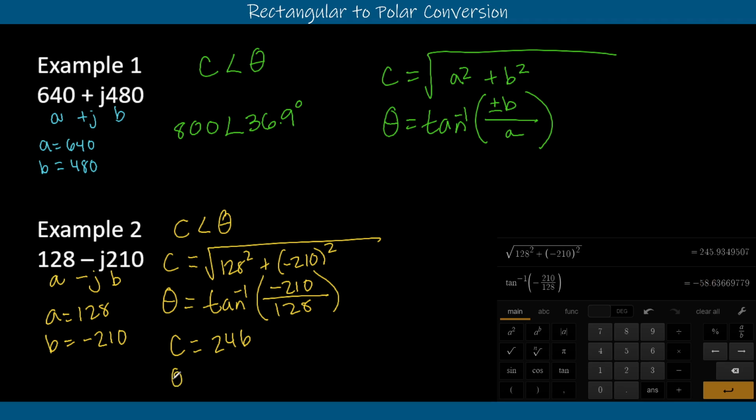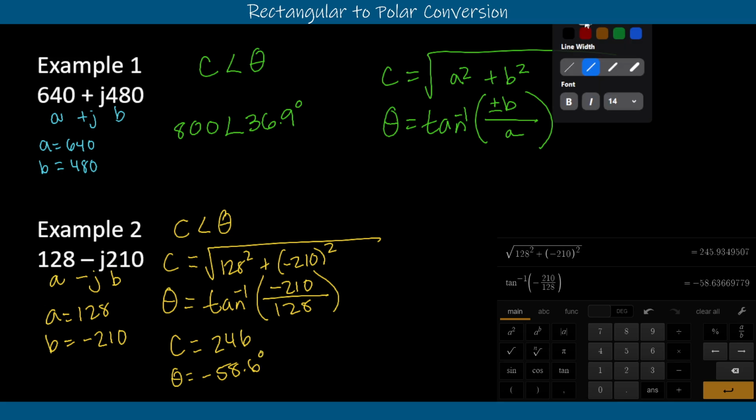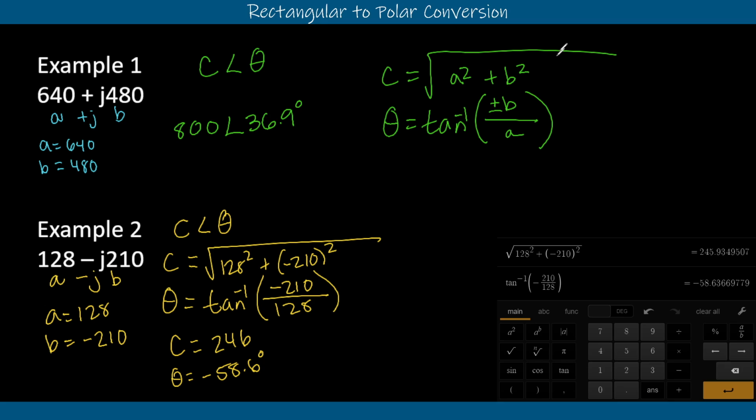So our theta is equal to negative 58.6. Watch out for that negative. Our final answer is 246 at an angle of negative 58.6 degrees. All right, let us know if you have other questions.